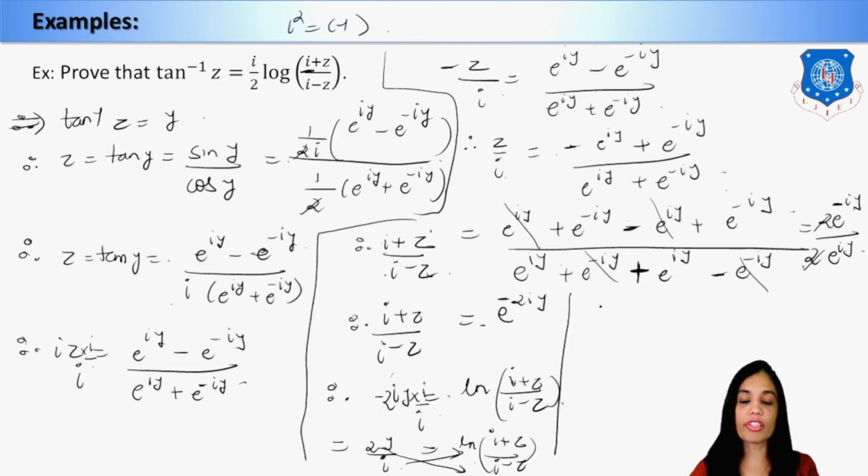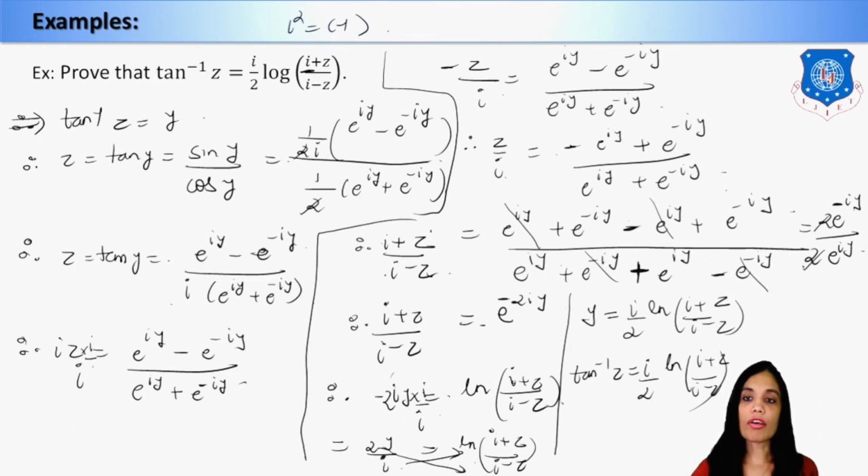So you have obtained your desired result, that is y is equal to i/2 ln (i + z) upon (i − z), or log, whichever is convenient to you, right? But this y is tan inverse z. So tan inverse z is finally i/2 ln (i + z) upon (i − z).